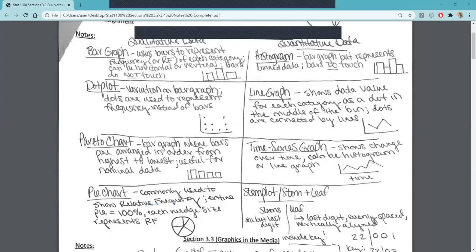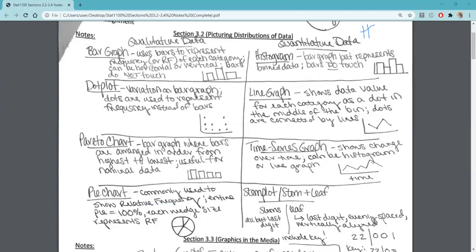Let's move on to quantitative data. Again, quantitative data has a number value or a numerical value. With a histogram, it's going to be very similar to a bar graph, except we're going to be working with binned data.